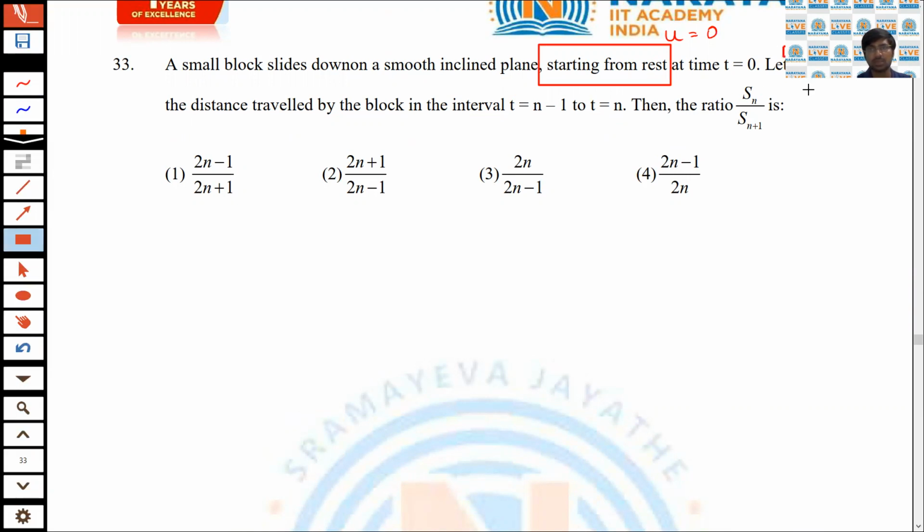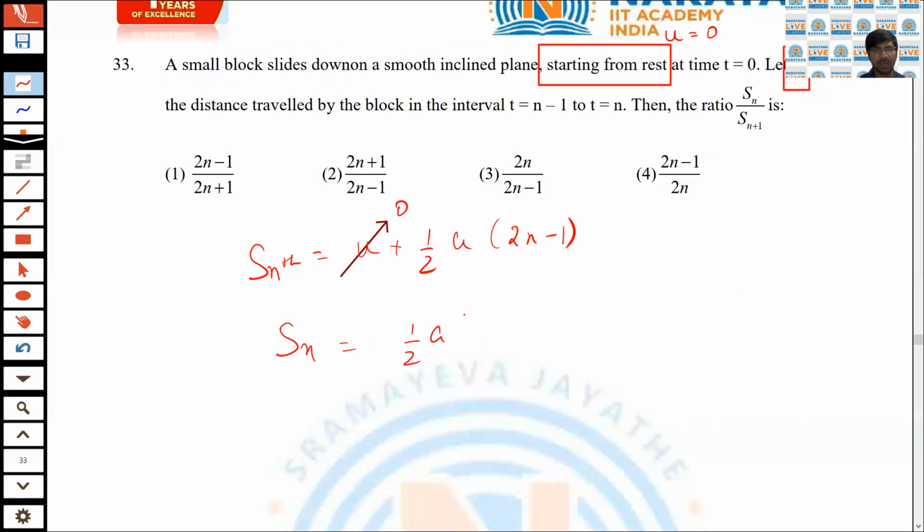So Sn is the displacement in the nth second. Now the formula for displacement in the nth second is u plus half a into 2n minus 1. Now, since u is equal to 0, the value of Sn becomes half a (2n minus 1).